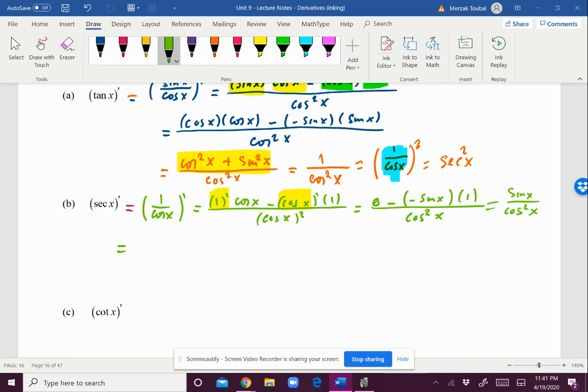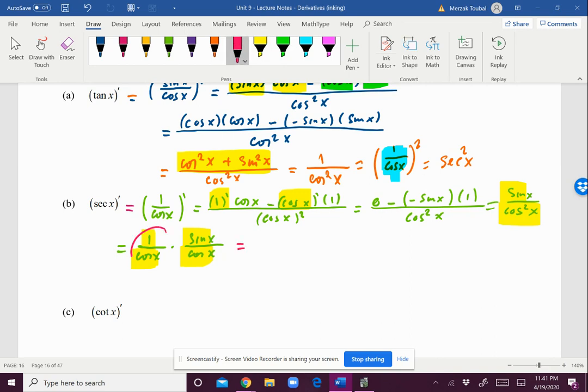Now, this can be written as 1 over cosine times sine over cosine. Why is that? Well, cosine times cosine is cosine squared. 1 times sine is sine.